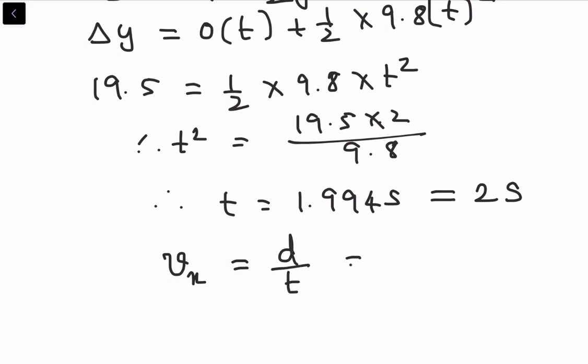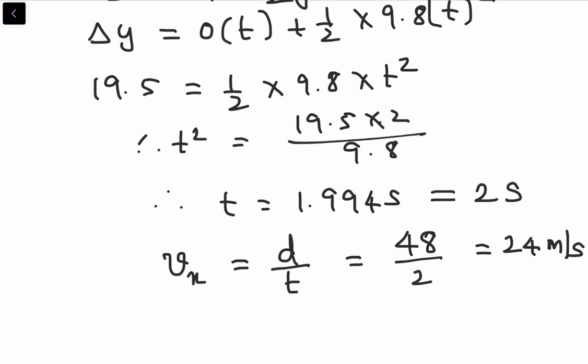Distance means the width of the river, which is given in the problem as 48 meters. 48 meters divided by 2 comes to 24 meters per second. So this is the speed with which the car jumps when it is going from the left side to the right side in our figure. Then after that we want to find Vy, the vertical speed when it lands onto the other side.